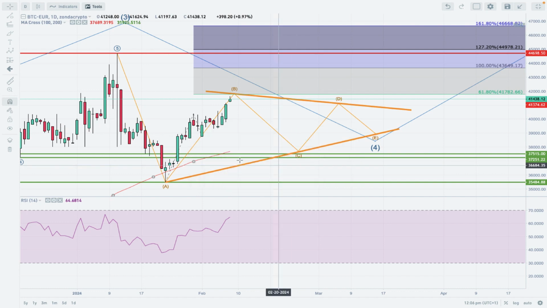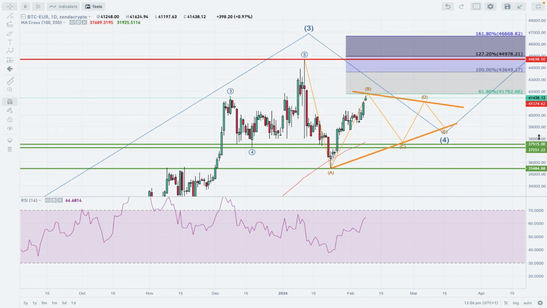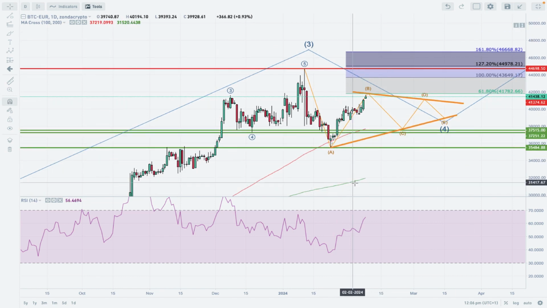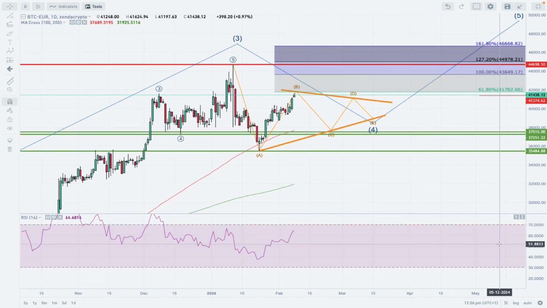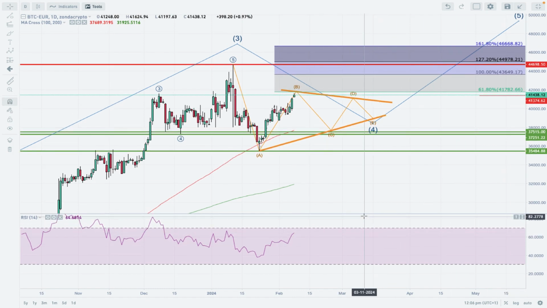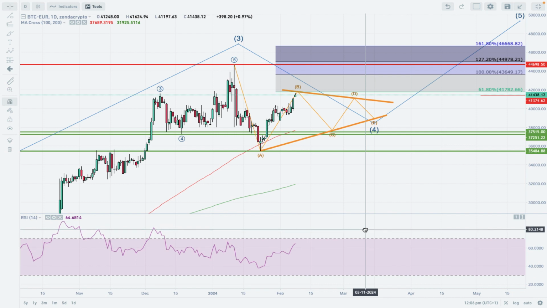Let me just zoom out a little bit. There you go. We are way above the 100 and way above the 200 periods moving average, which means everything is developing according to our analysis, as anticipated, right?